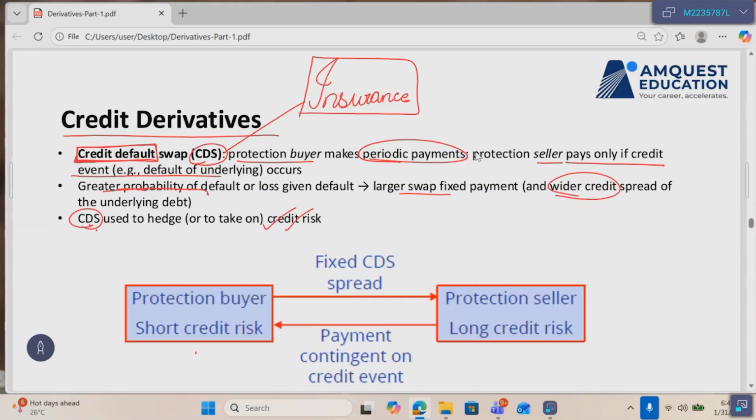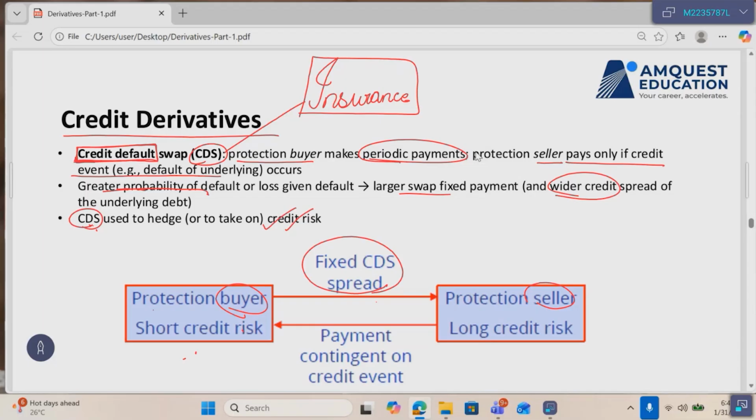So in summary, the buyer is buying protection and the seller is the one who is selling risk. He wants protection, he wants money. So the buyer will pay the spread or the premium, and the seller is providing protection.